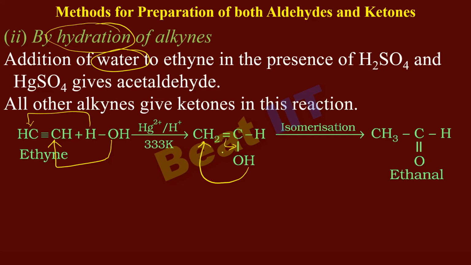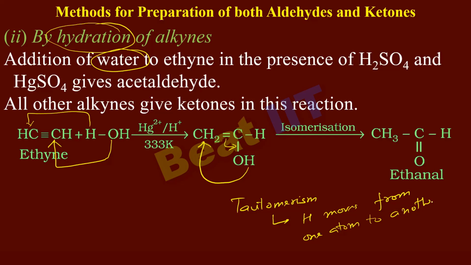This type of isomerism is called tautomerism. Tautomerism is in which hydrogen moves from one atom to another one. So that's how you get ethanal.